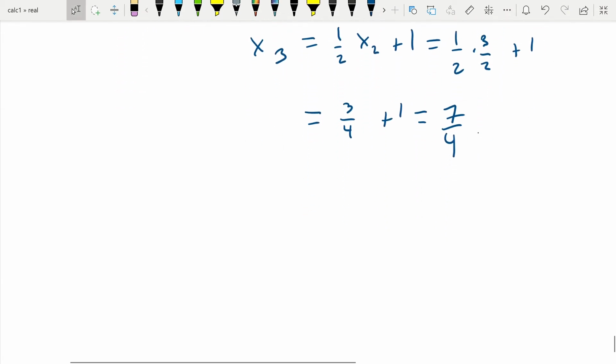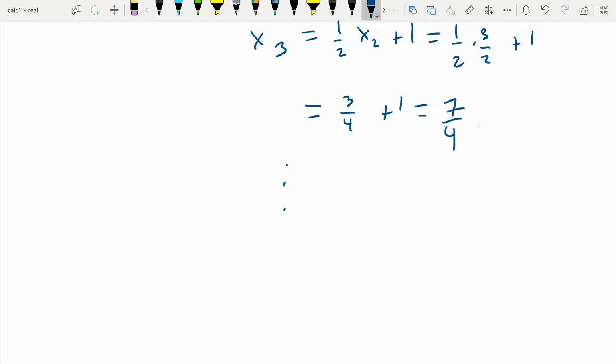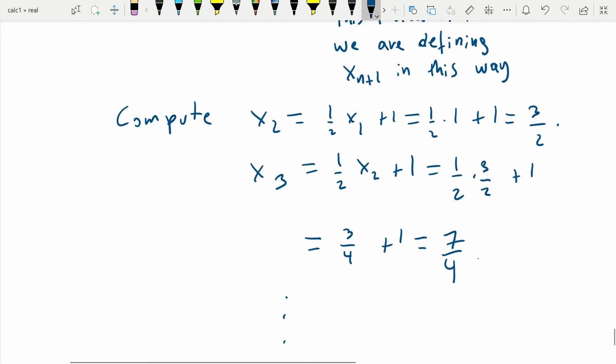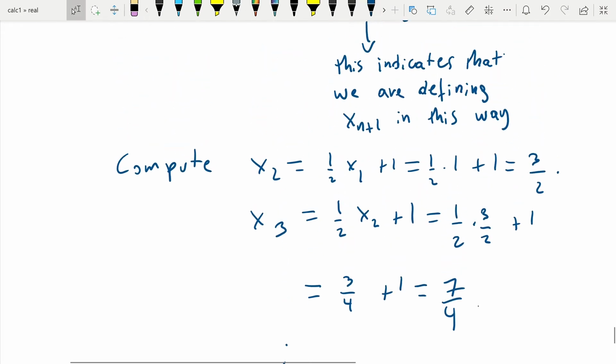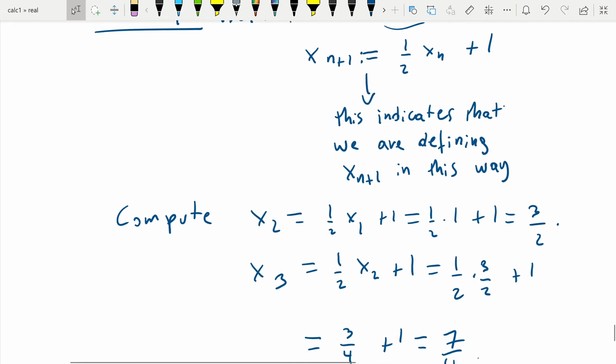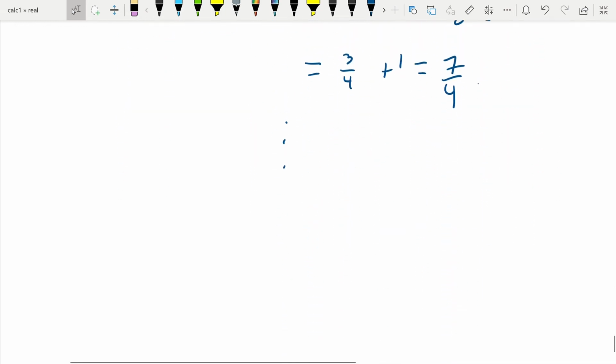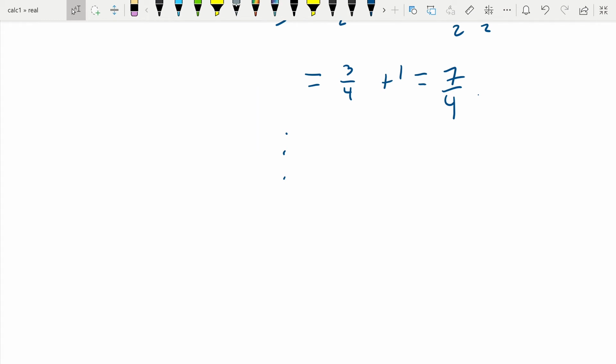Okay, and we can keep going. So we have a sequence of real numbers. Here they are rational numbers, because remember that we haven't defined what real numbers are yet. That will come next.